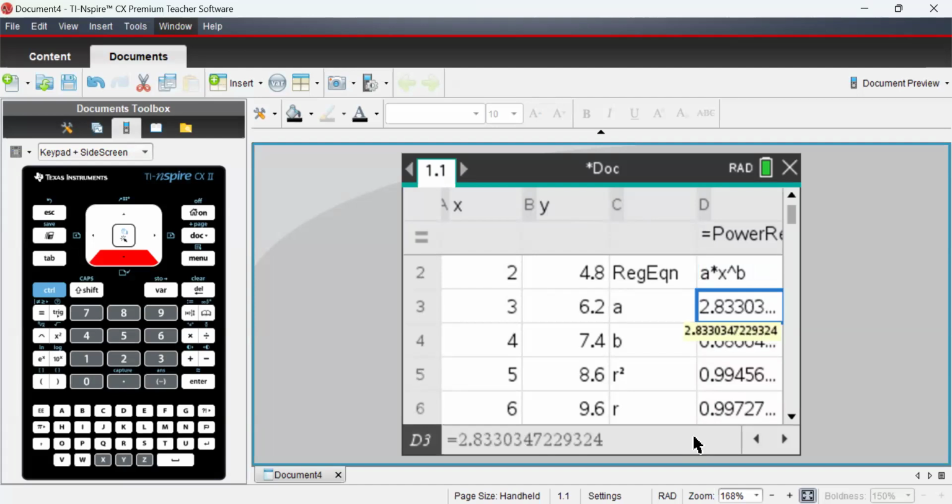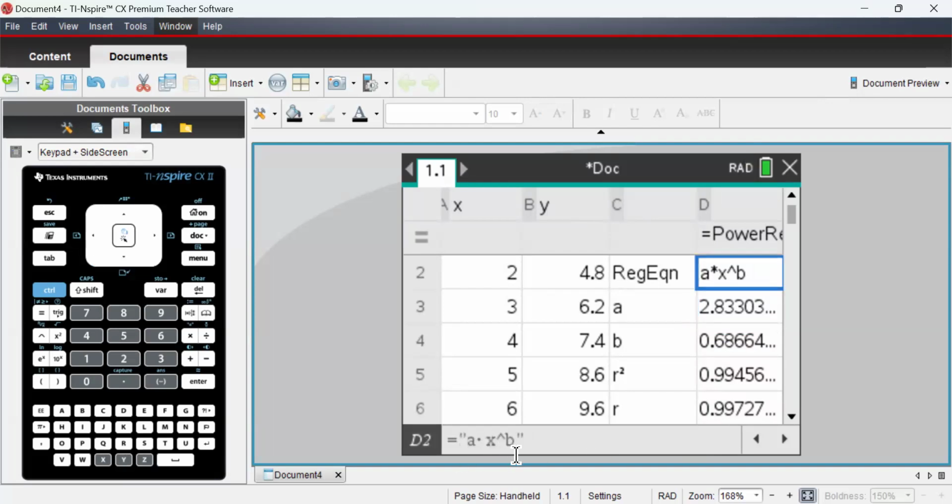So I do need to arrow up a little bit. So let's go to 2 decimal places. All right, and you see the form right here.